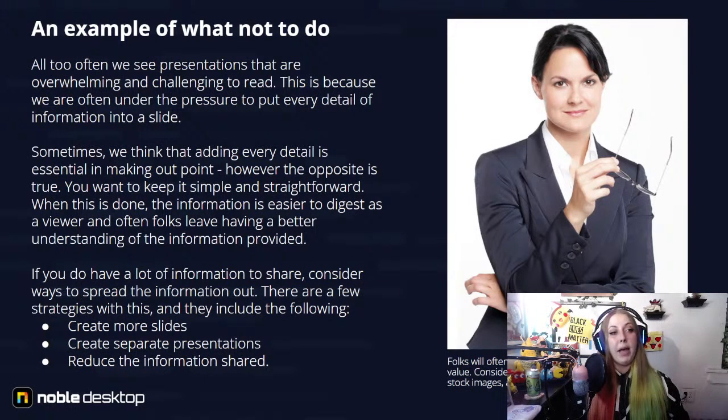Depending on your design background, you might be used to creating bigger documents, maybe books or magazines, where you can put a lot of information into one place, because your audience is spending a more intimate amount of time with that item. However, with presentations, that is not the case. When you put up too much information, it's going to be overwhelming for the viewer.